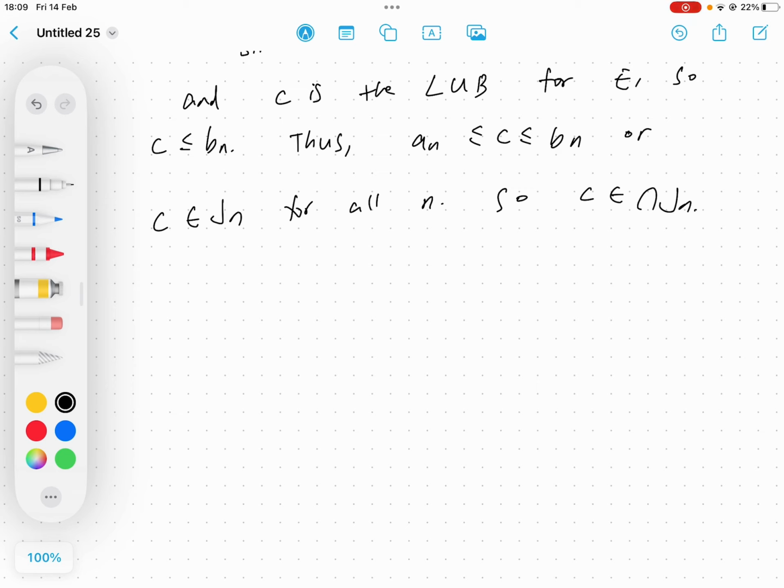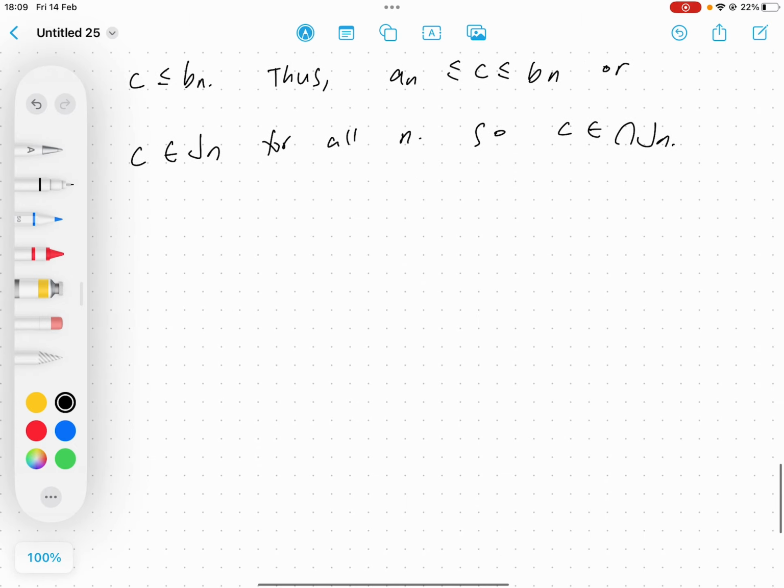All right, and then this part is finished, right? So for the next part, we're going to assume that the length of Jn goes to 0 as n goes to infinity. Okay, so for the second part, assume the length of Jn goes to 0 as n goes to infinity.